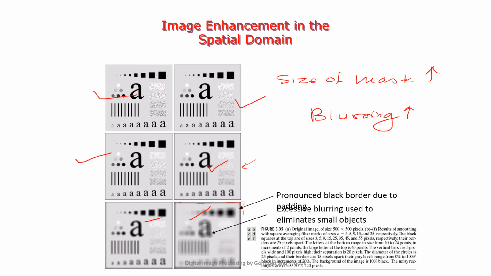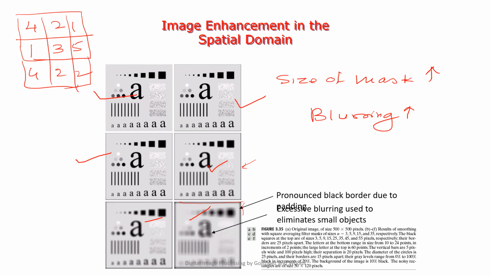What is happening is, when you apply a mask, suppose these are the values: 4, 2, 1, 1, 3, 5, 1, 4, 2, 2. If I apply a low pass filter mask, what is the mask here? 1 by 9 in every position. Ideal, we have just seen that mask.